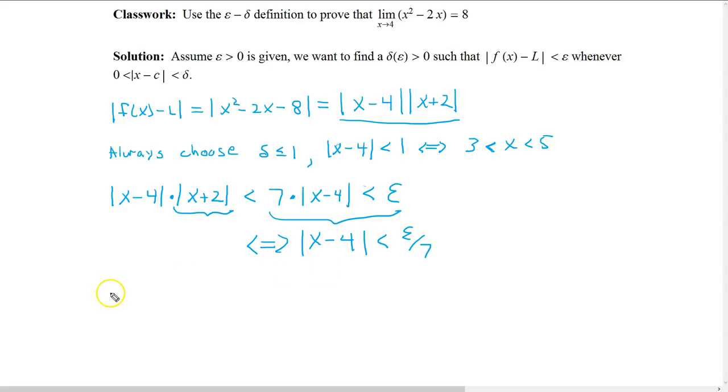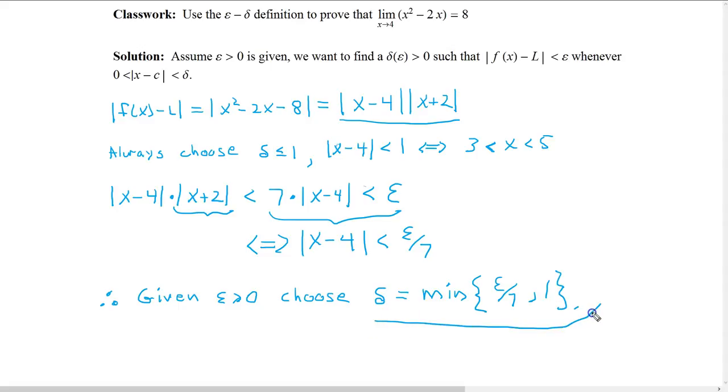And so now we have our answer. Therefore, if we're given epsilon greater than 0, we would choose our delta to be the minimum of epsilon divided by 7 or 1. And there we have found our delta.